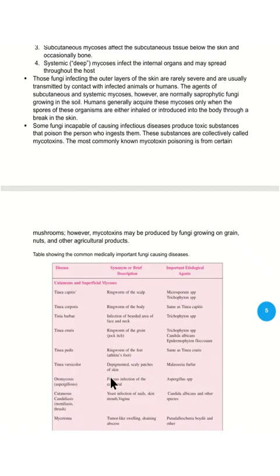We have one of the common diseases, which is aspergillosis, and this affects the ear canal, and it's caused by Aspergillus species. The other types of fungi have different sites in the body. They could be systemic, they could be subcutaneous, and this table you have to know by heart.